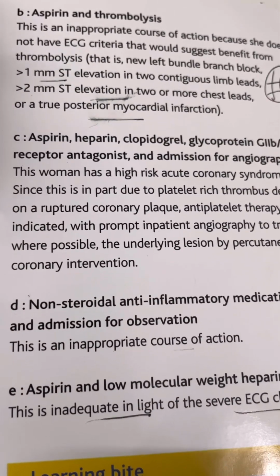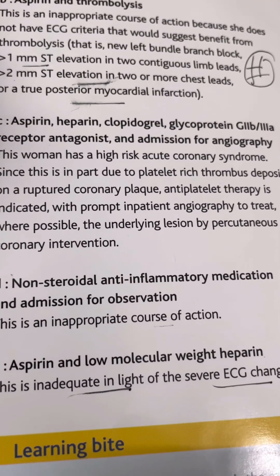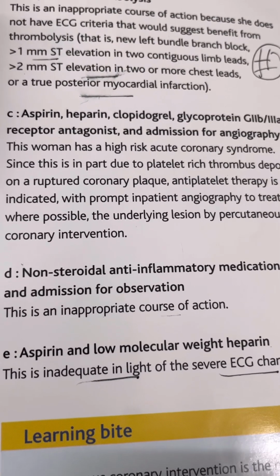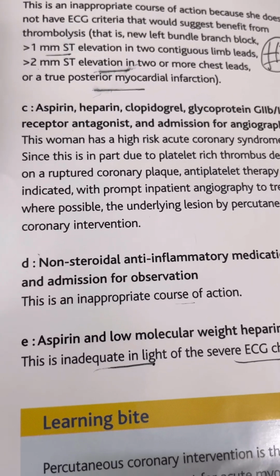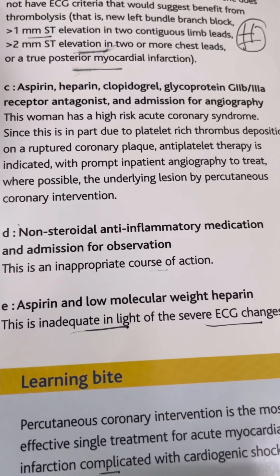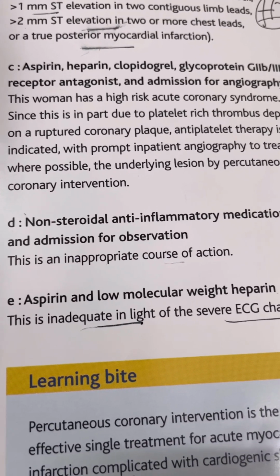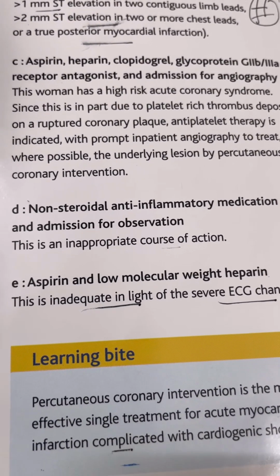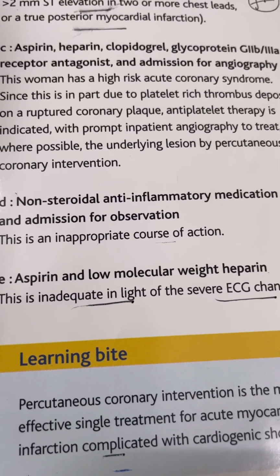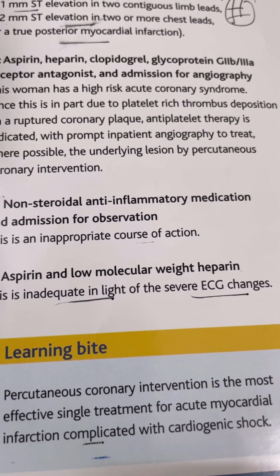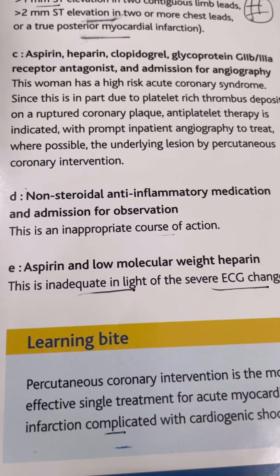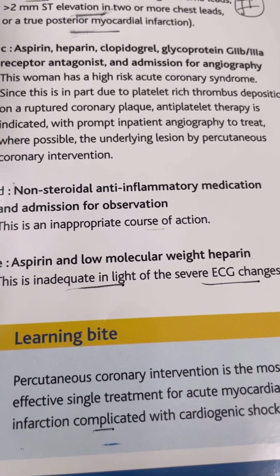Then aspirin, heparin, clopidogrel, glycoprotein IIb/IIIa receptor antagonist, and admission for angiography. This woman has a high risk of acute coronary syndrome, since this is in part due to platelet-rich thrombus deposition on a ruptured coronary plaque.